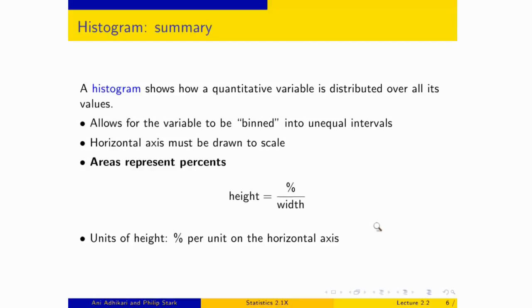Foot was the unit on the horizontal axis. That's 12% per 12 inches, which is exactly the same as 1% per inch. So their 12 and my 1 are both correct, but in different units. So if you just give me a number, the height is 12, I don't know what you're measuring in, and so your number isn't making a lot of sense. So the units do really matter. Please provide them.